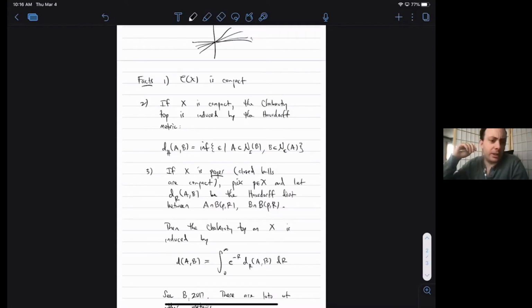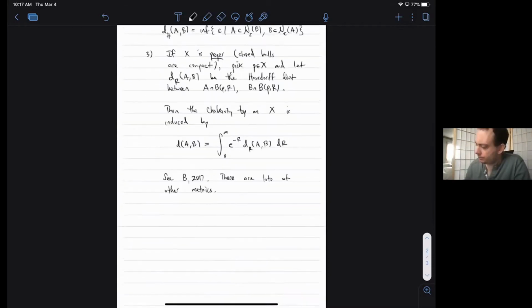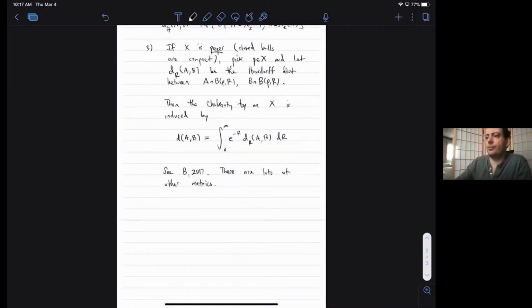I guess I'd have to write that down. It's not completely obvious that this doesn't just work without the properness assumption. No, it probably doesn't, though. Well, something to check. It's a good question, though.